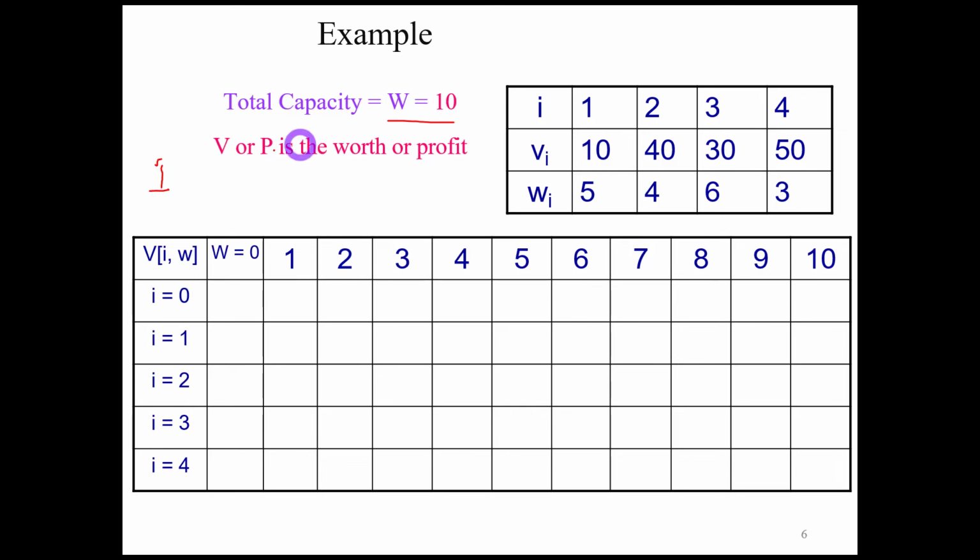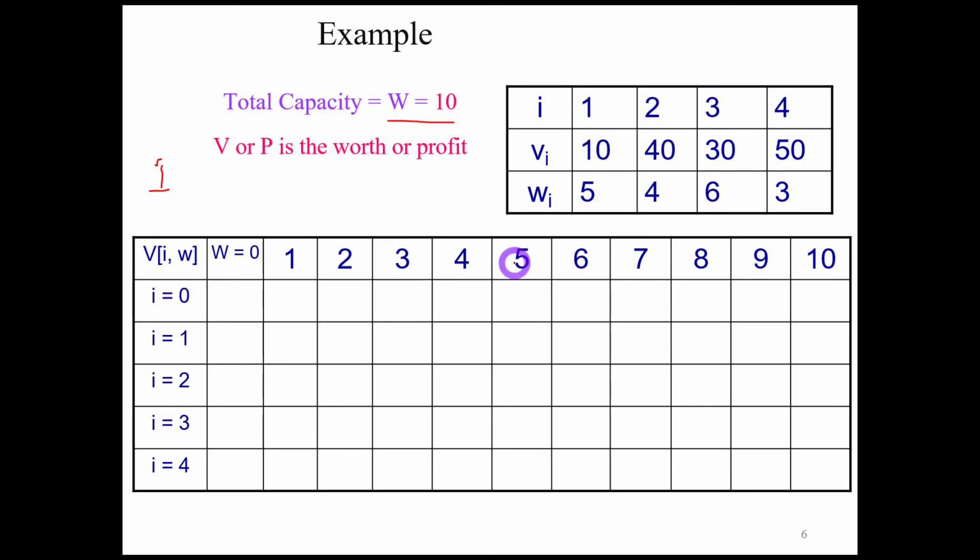So the first point is that when we are in this column, we can only put those items whose weight is equal to 1, or the combination of those items whose weight is equal to 1. If we are, let's say, in the 5th column, we can only put that item or a combination of those items whose total weight will be equal to 5, not 10.